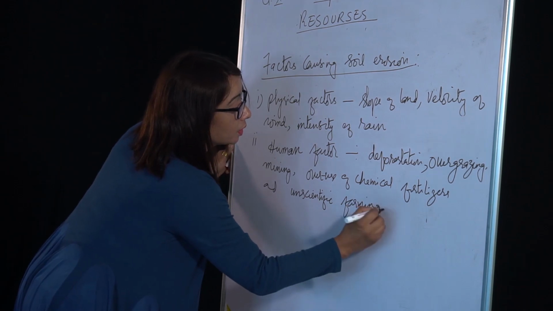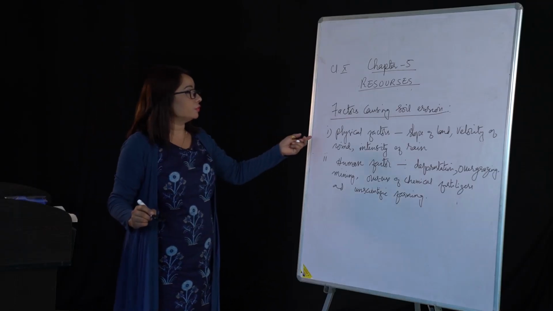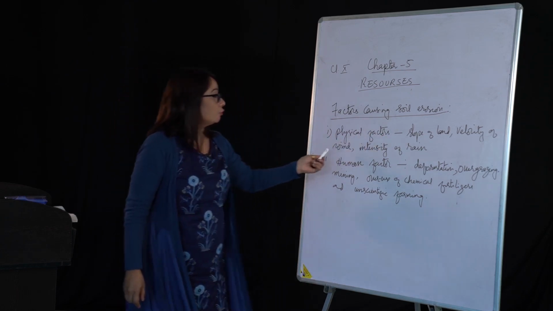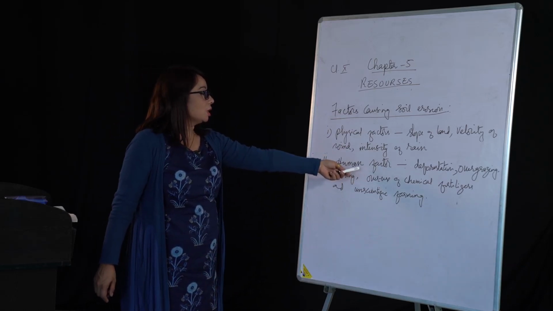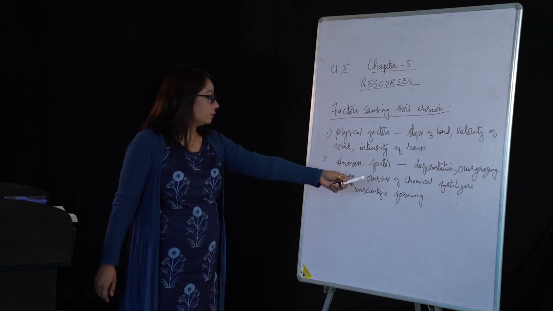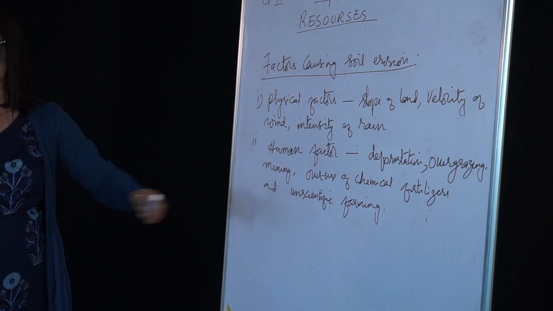So, the two factors that cause soil erosion are, number one, physical factors, which include slope of land, velocity of wind and intensity of rain, and second, human factors: deforestation, overgrazing, mining, overuse of chemical fertilizers, unscientific farming methods, etc.